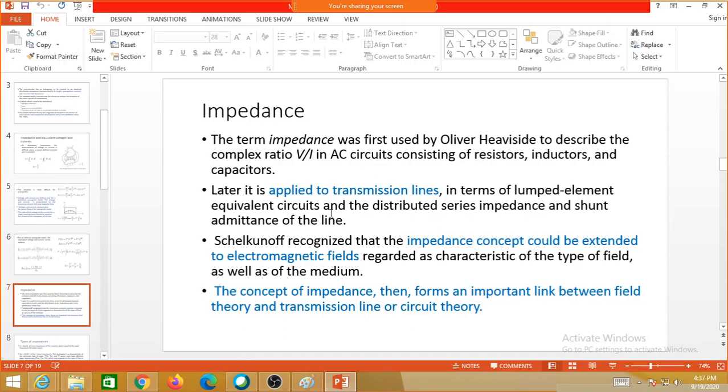If you take a transmission line, you can have a lumped equivalent circuit as well as a distributed one. In the lumped case it is very easy to calculate, it is the ratio of V by I. If you take the distributed elements, we need to take the series impedance as well as the shunt admittance.